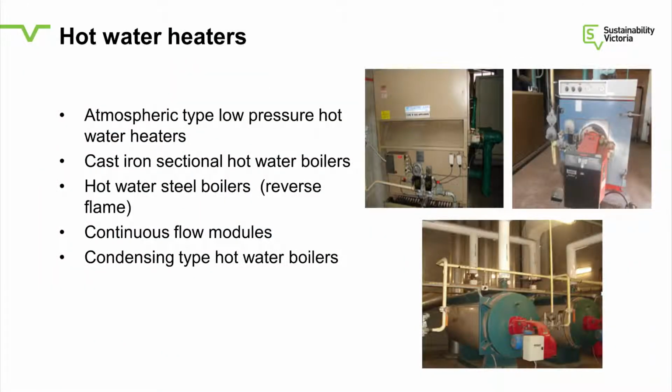Enough about steam. Hot water. In most commercial buildings and a lot of industrials that don't need steam, hot water is another class of boiler. These are typical of the boilers that you'll see in most plants. The Raypack boiler, the reverse flame boilers, or the fire tube hot water units.